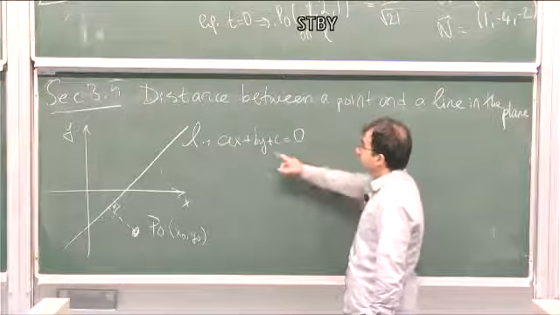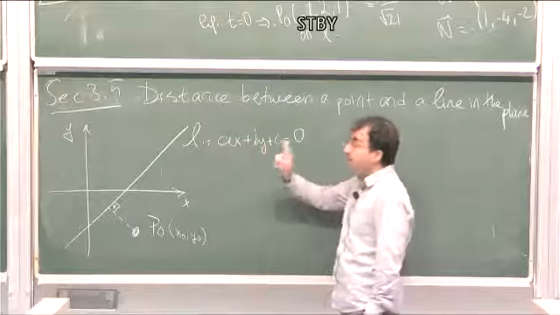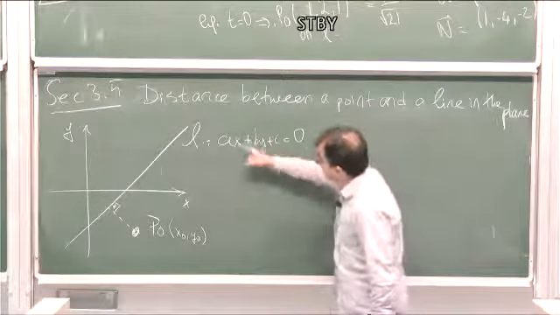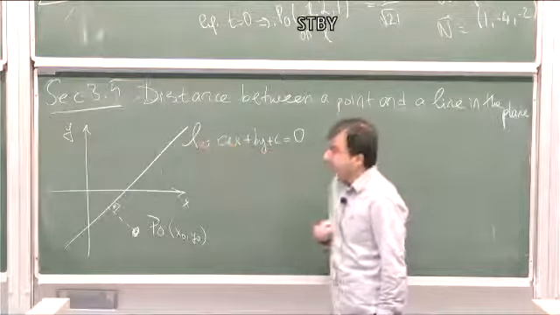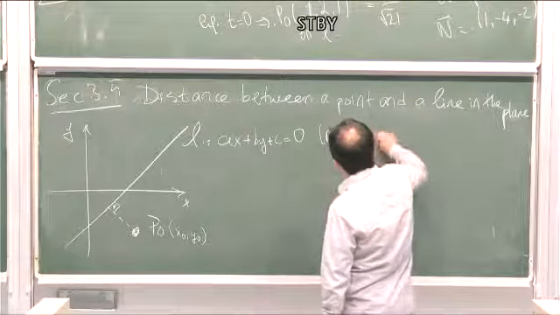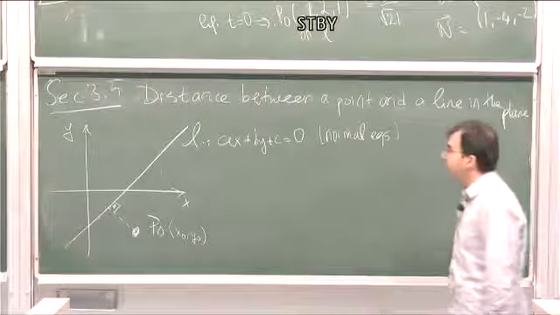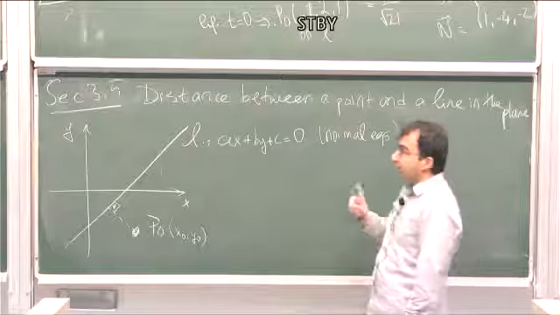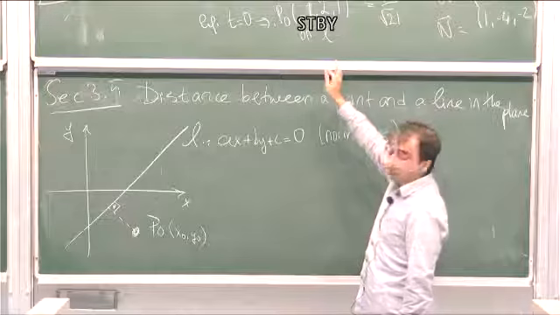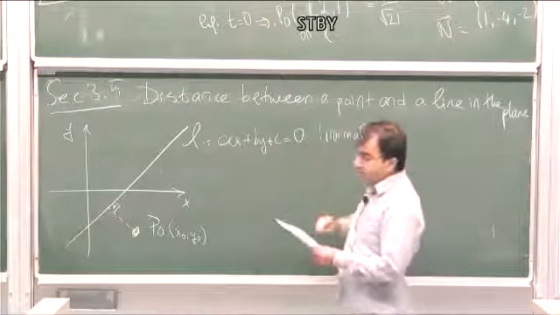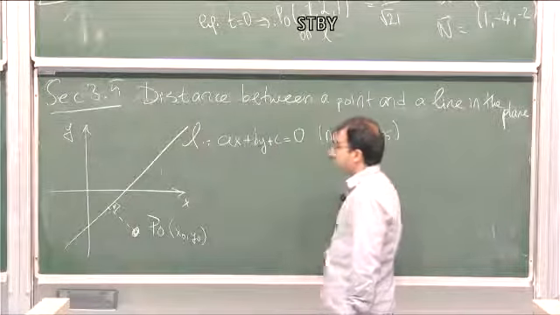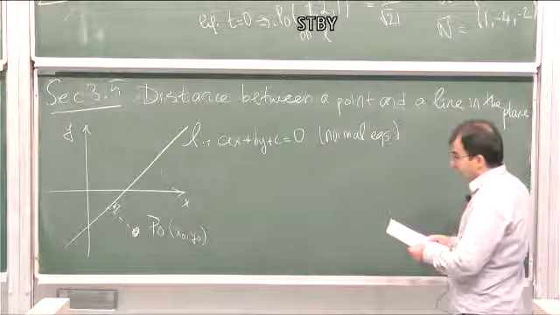So you see that this type of equation in space gives us planes, but in the plane, this type of equation gives us lines. This type of equation is called a normal equation. But remember, we also have vector equations. We used vector equations mainly for lines in space, but there are vector equations for this one as well. I can talk about it more later.